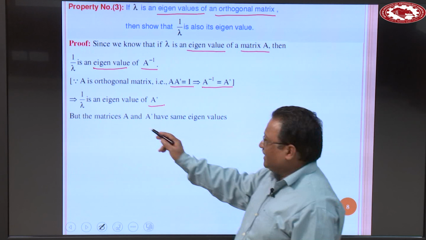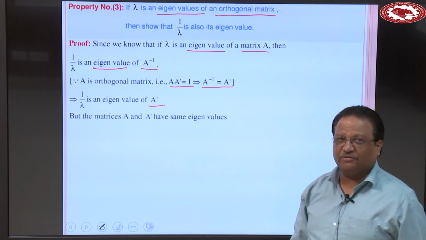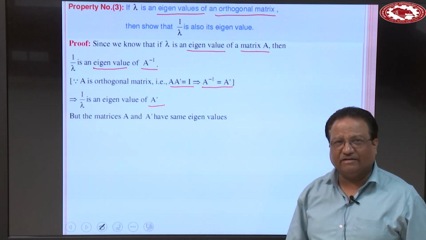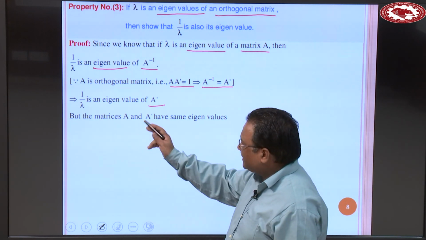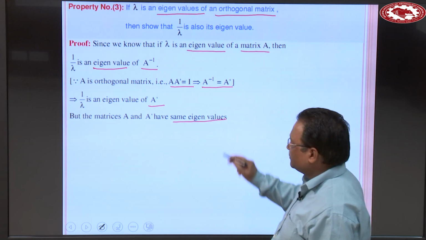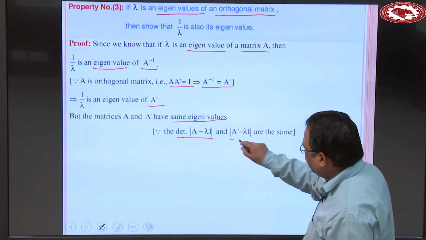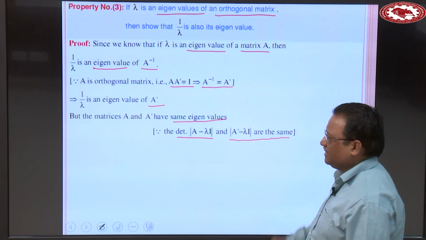But matrices A and A dash have the same eigenvalues. A is a matrix and A dash is its transpose, and the eigenvalues are the same. The reason is that determinant of A minus lambda I and determinant of A dash minus lambda I are the same.